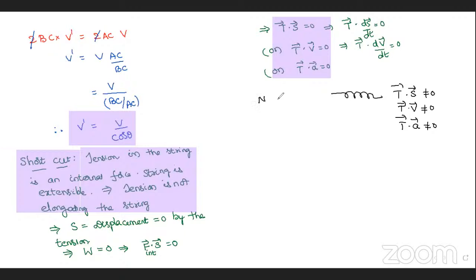So note: in case of a spring, the shortcut is not valid. Now, is it clear, Nana? I think you won't make any mistake here related to spring and string.